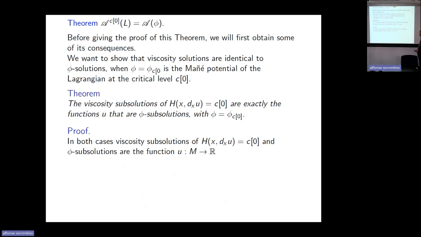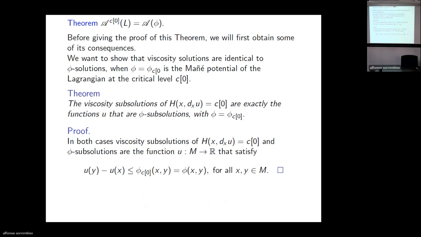In both cases, the viscosity subsolutions and phi subsolutions are the functions u that satisfy uy minus ux, in the case of viscosity subsolution, less than phi c0 of xy, and in the case of phi subsolution less than phi of xy, but the two are equal by choice. So the subsolution is the same.